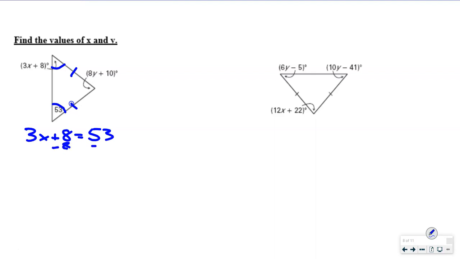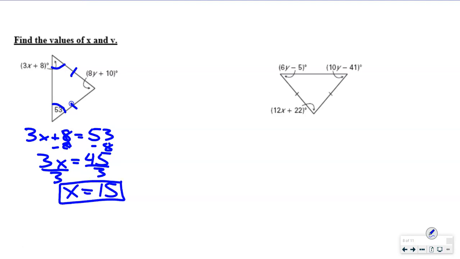Subtract 8 on both sides and get 3x equals 45. Divide by 3. X equals 15. Now, how can we get that 8y, or figure out the y from 8y plus 10?